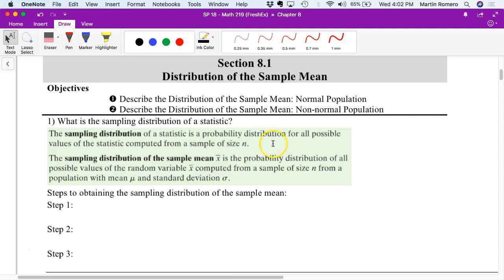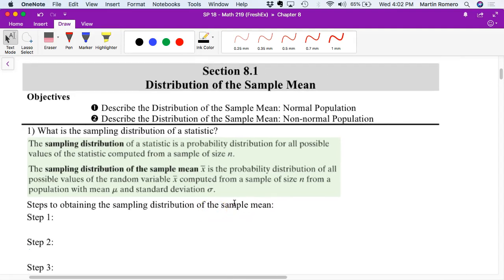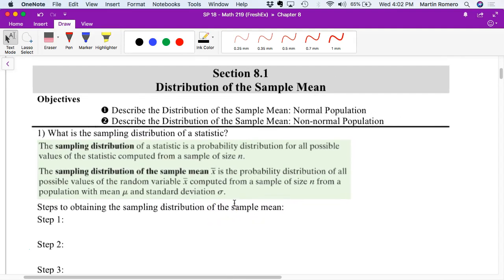What I'm looking at here is some definitions that we're going to be playing with. I'll see if I can explain them, and then we'll do a little demonstration of what it looks like to create a sampling distribution. You don't have to write the definition down, you have that.